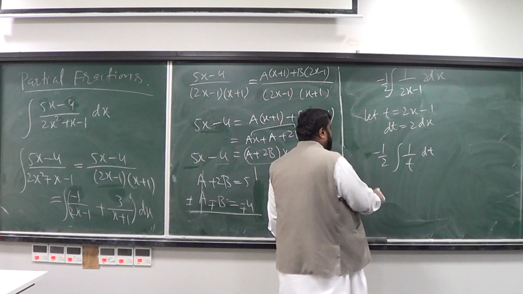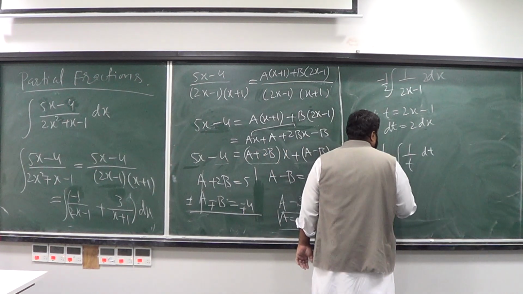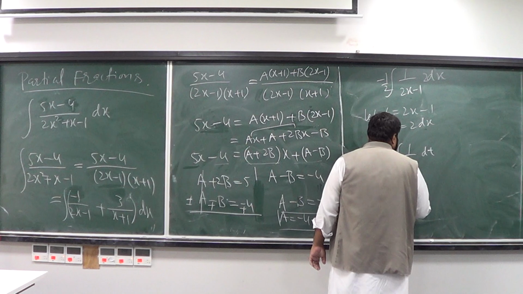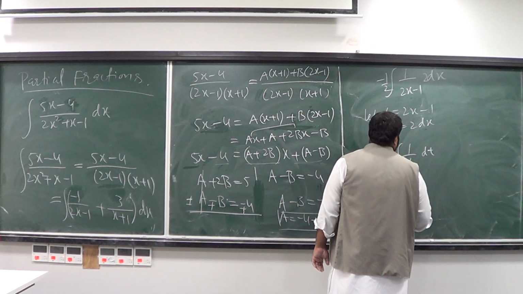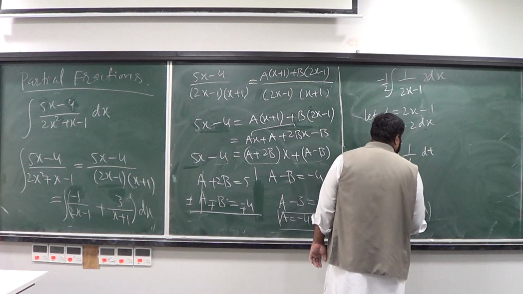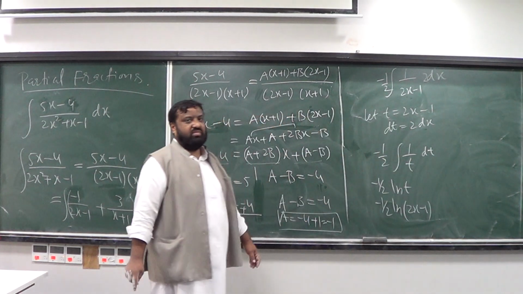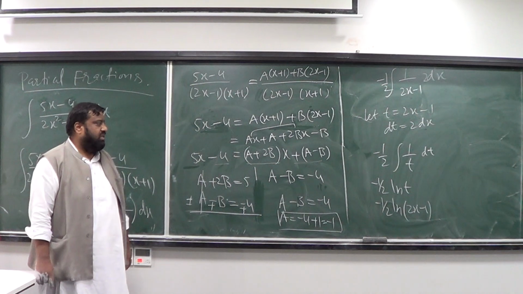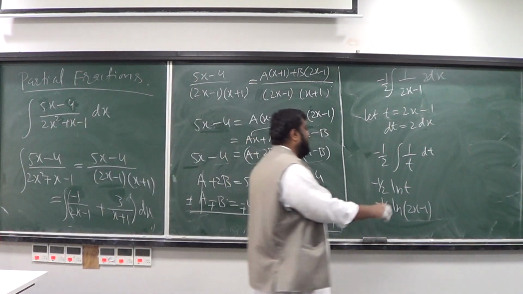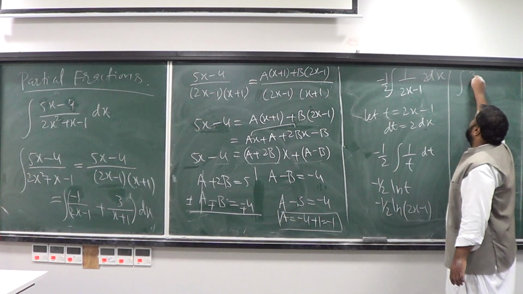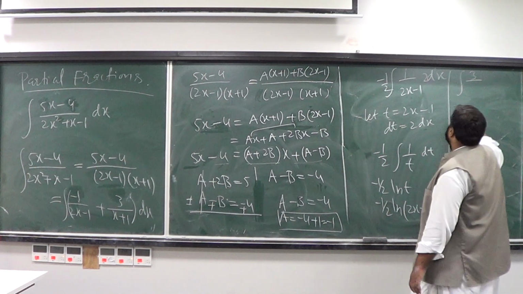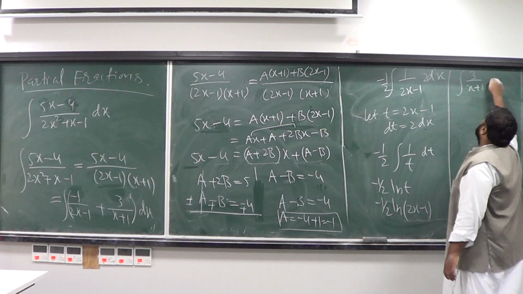And what is the integral of 1 over t? It's going to be log of t, and hence log of 2x minus 1. Okay? And hence you can also compute the other integral, which is 3 over x plus 1 dx.